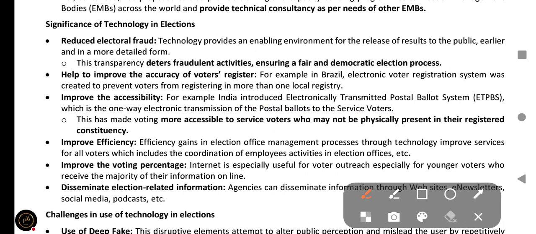Okay, armed forces and civil senior citizens get improved accessibility. For example, India introduced the electronically transmitted postal ballot system, which is the one-way electronic transmission of the postal ballots to the service voters.